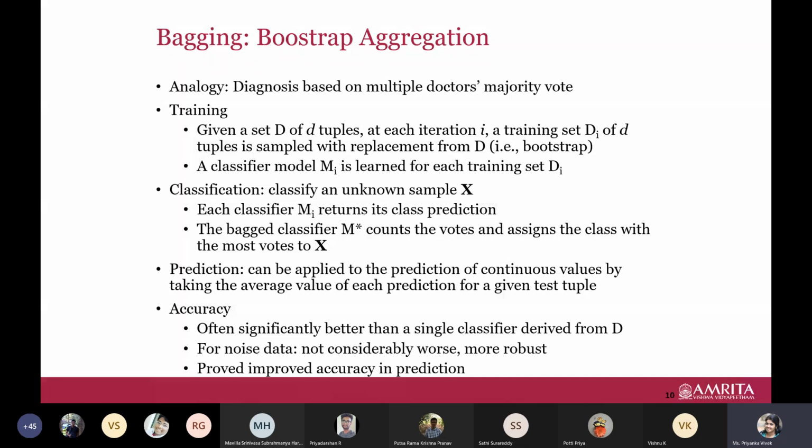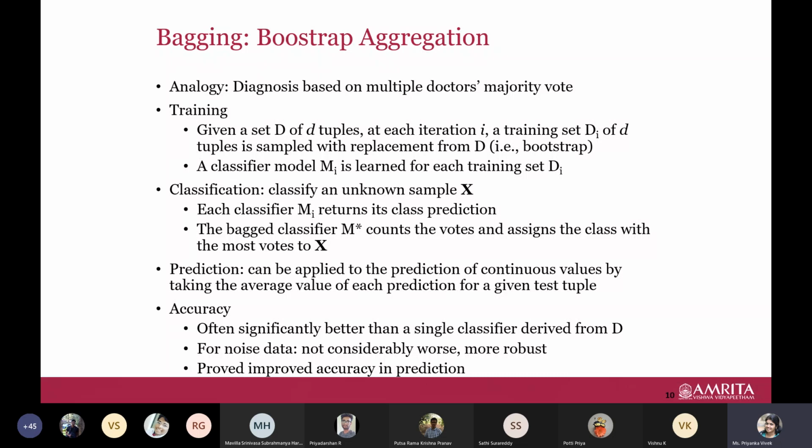Then at an iteration i, a model Mi is learned. The first iteration M1 is learned, second iteration M2 is learned, and so on. It usually would be the same classifier. For example, if our chosen algorithm is decision tree, which we'll learn later, it would be decision tree itself in all of these. Don't think that we'll have lots of heterogeneous classifiers, which is what is mentioned as ensemble techniques later on.